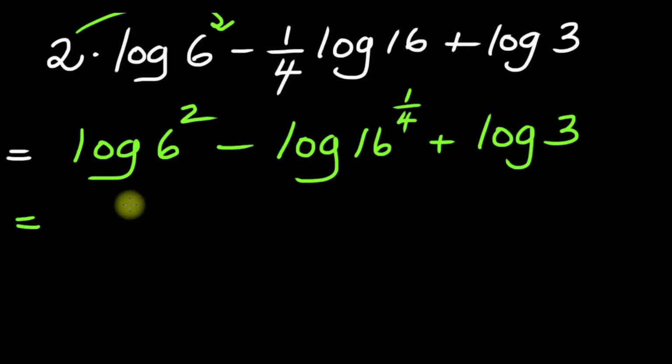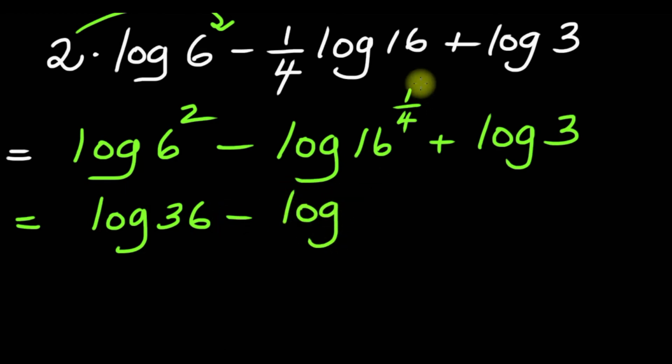So here I'm going to clean this up a little bit before we continue to use the properties of logs. So here I've got log 36 minus log, now 1 over 4 is the same as 4th root. So when you take the 4th root of 16, you get 2 because 2 times 2 times 2 times 2 is 16. And then plus log 3.